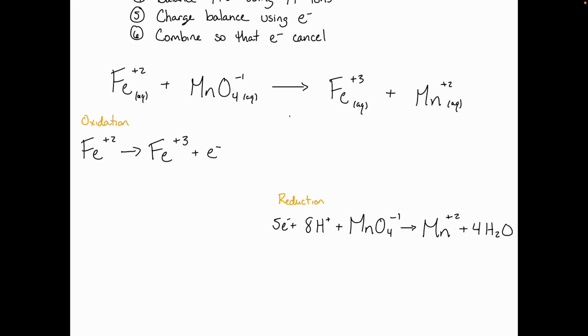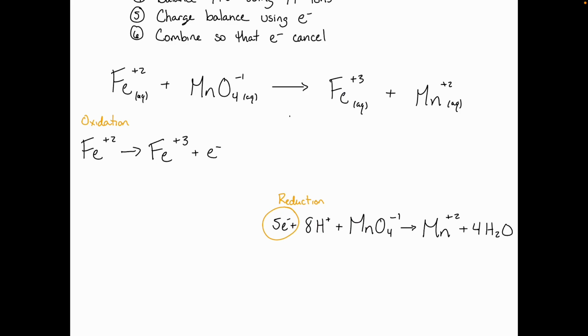Okay? And again, I want to sum these two up. But in order to do that, I have to have my electrons cancel out from my net reaction. The problem is if I summed them up right now, I only have 1 in my oxidation reaction, but I have 5 in my reduction reaction.